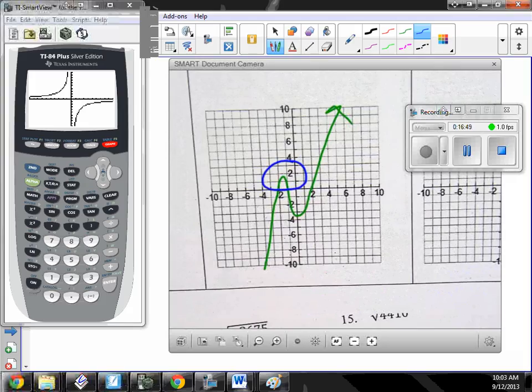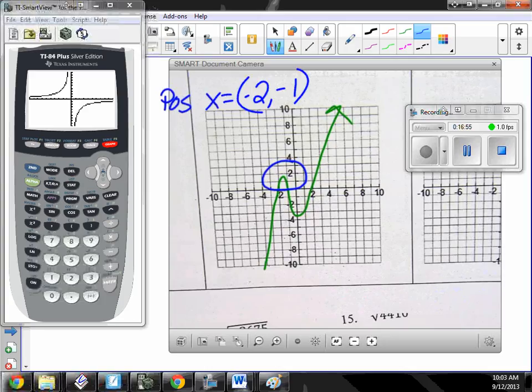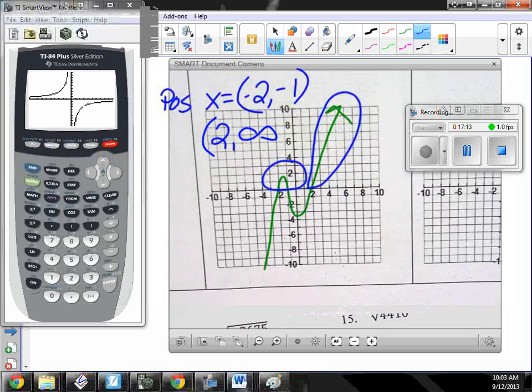So my positive interval of x is negative 2 to negative 1. The other positive portion is over here. What is the x interval associated with that positive version? To infinity. I knew you'd say it.